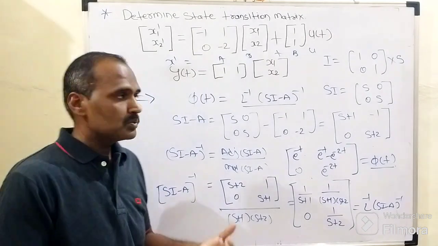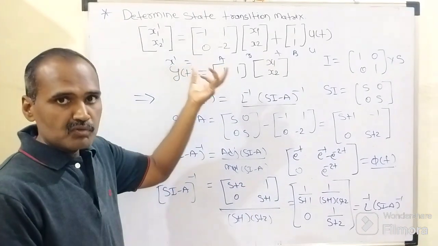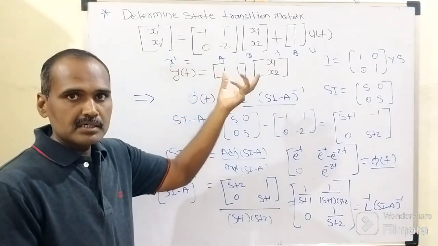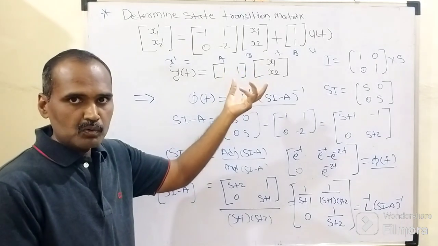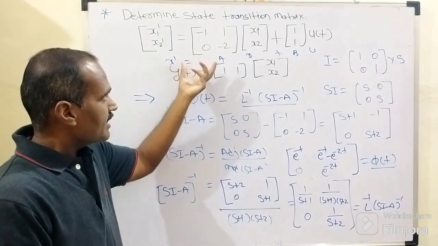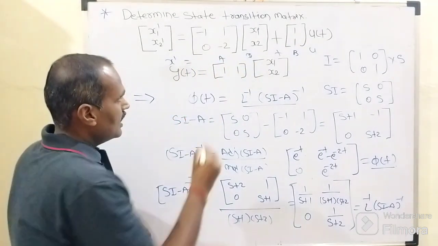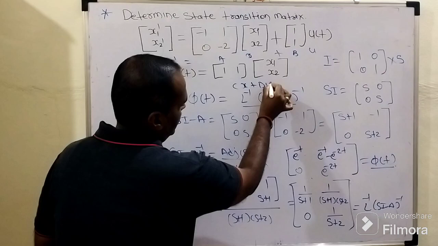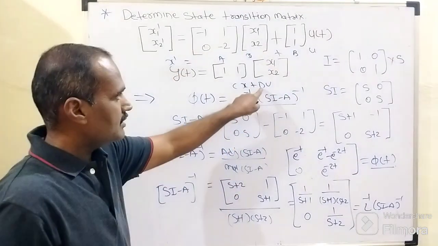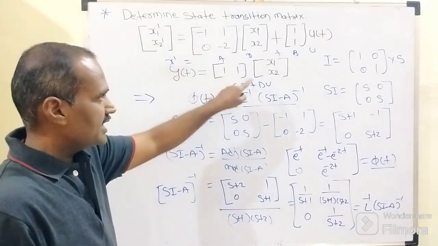For that purpose, first of all, we need to map the given state equation in terms of input and output. The state equation is Ax plus Bu, and the output equation is Cx plus Du. Here we don't have the term D, so we simply have C times x.